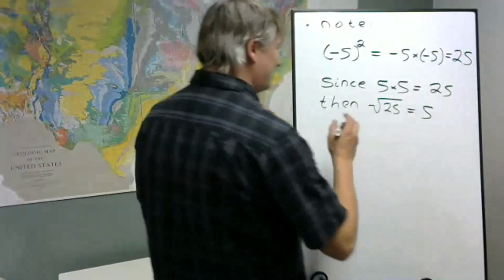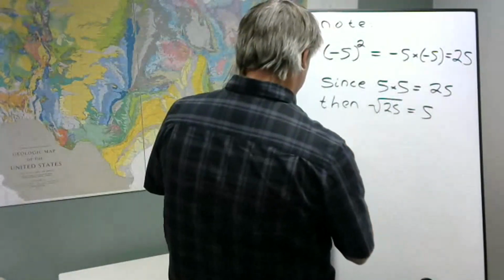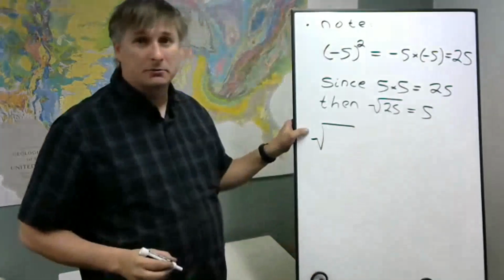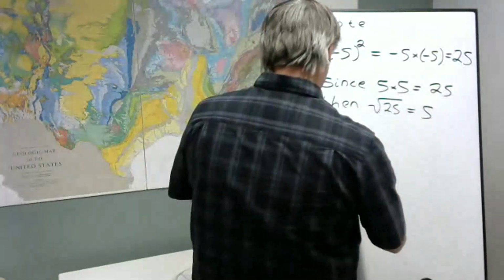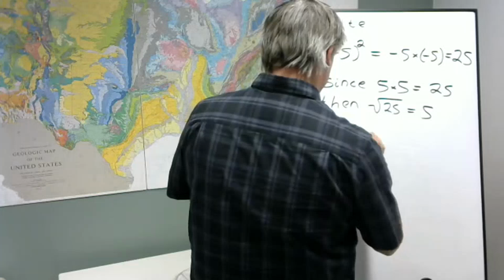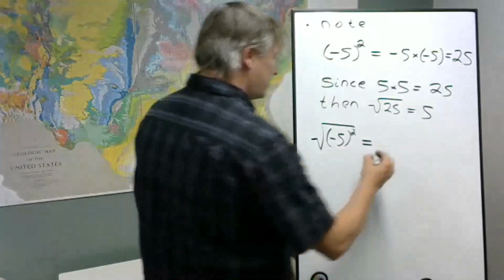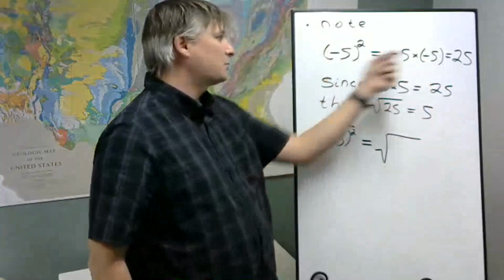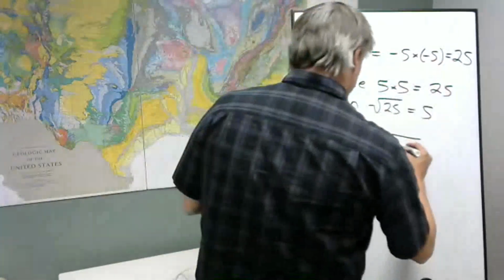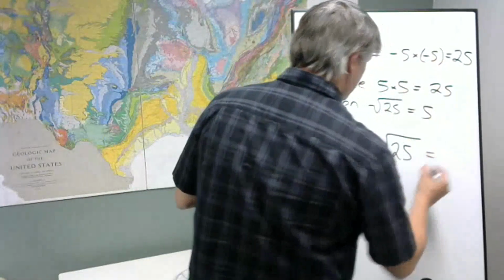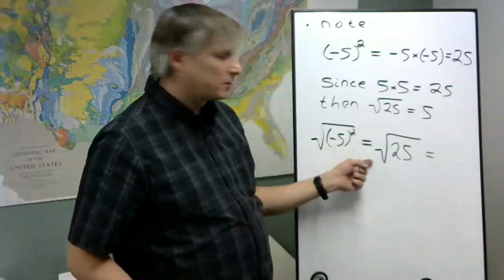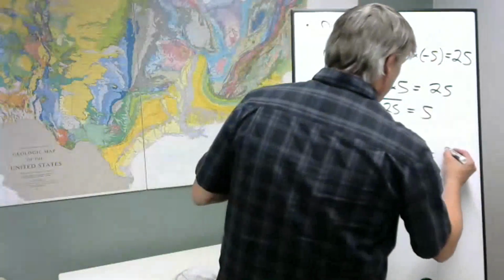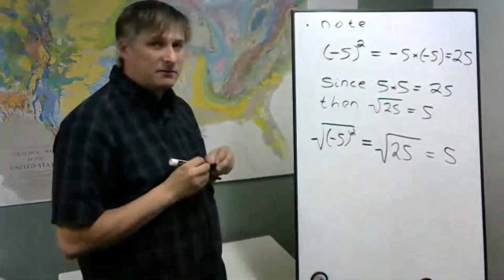Let me show you what I'm getting at. If we take the positive square root of negative 5 squared, then we're asking for the positive square root. Remember, negative 5 squared is 25, and the positive square root of 25 is 5.